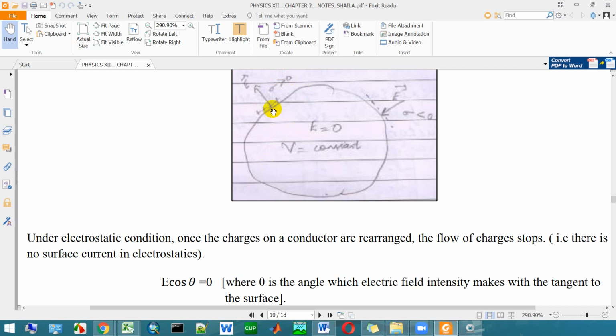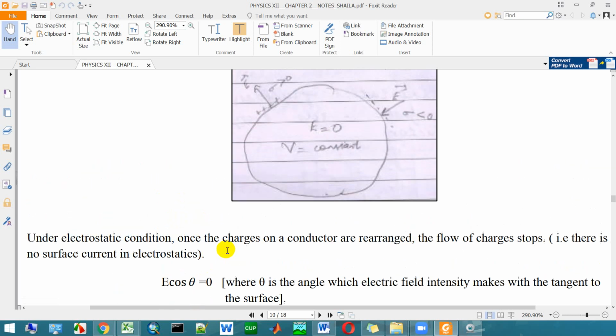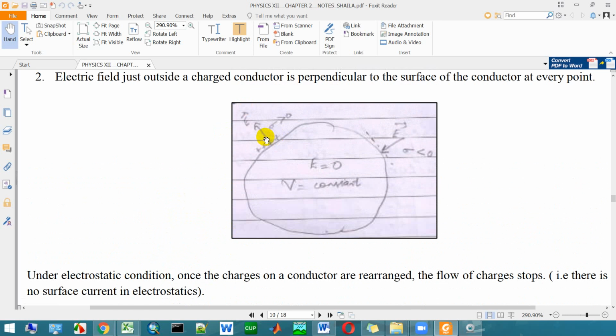We know that E cos theta must be 0, because in electrostatics there is no surface current. E cannot be equal to 0, so cos theta is equal to 0. And when is cos theta equal to 0? When theta is equal to 90 degrees. So it is very important: the direction of the electric field is always perpendicular to the surface of the conductor.